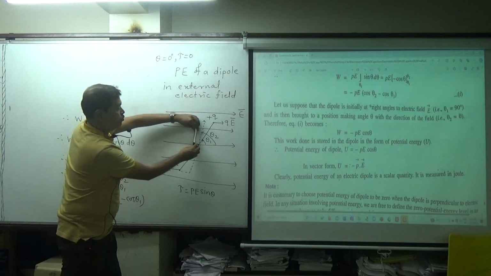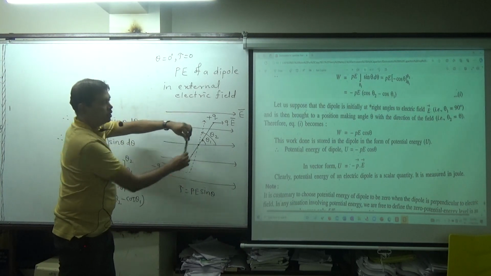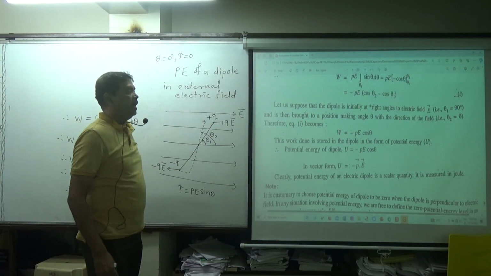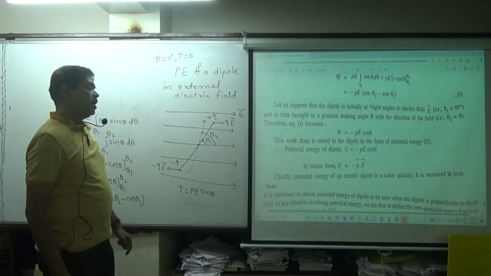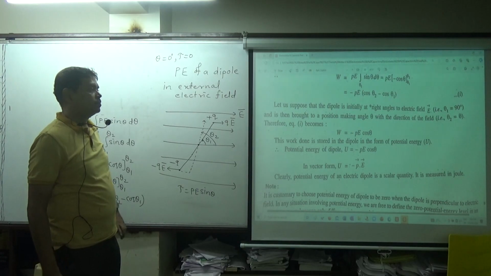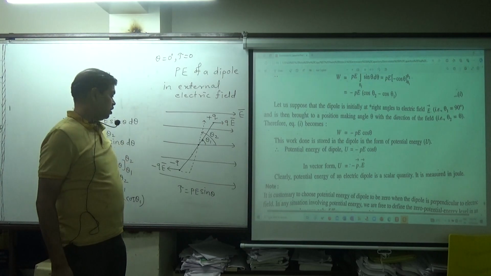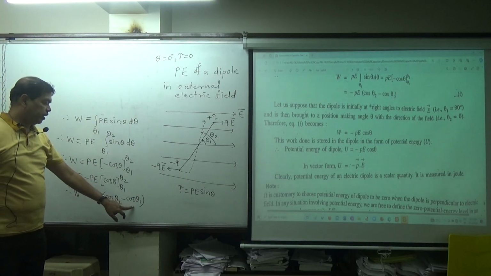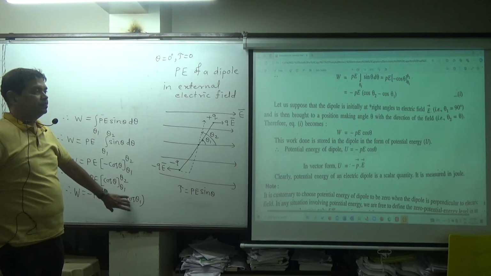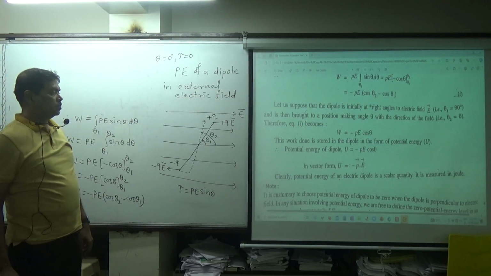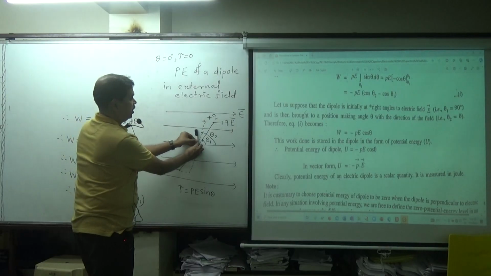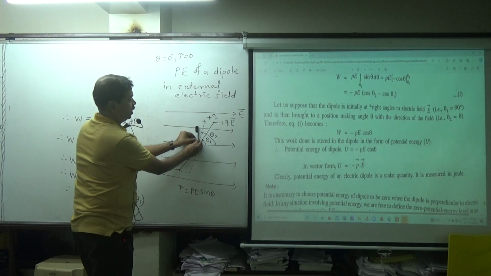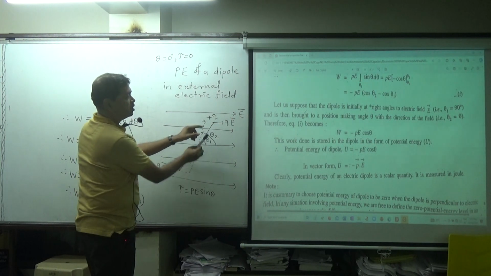Let us suppose that the dipole is initially at right angles to the electric field. This means theta 1 is 90 degrees.